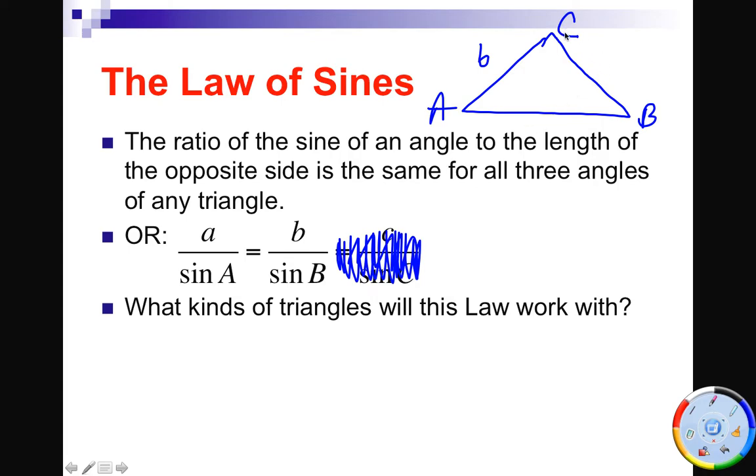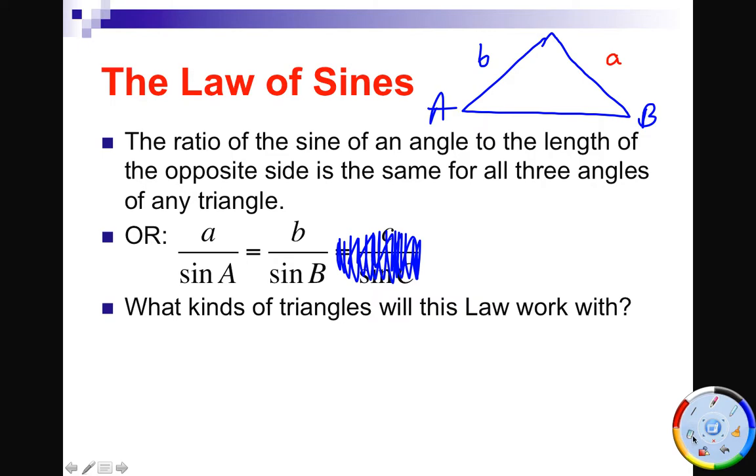So if I knew big A, big B, and little b, that would look like this. If I knew this information, I could solve for little a. Well, that's interesting.